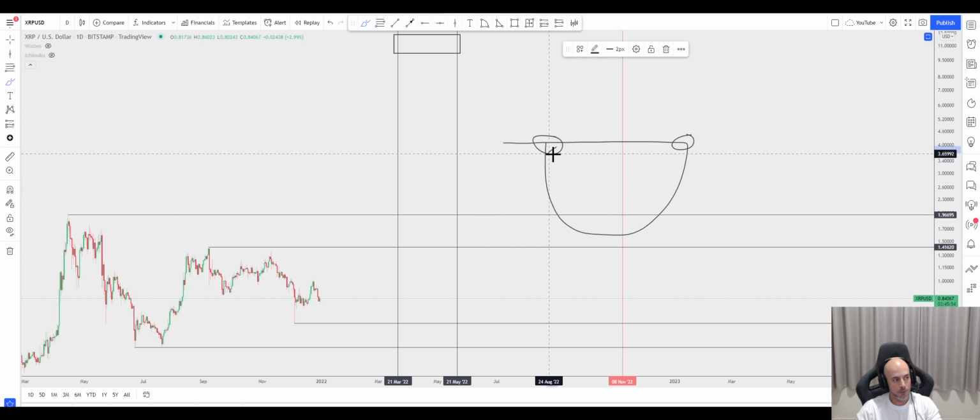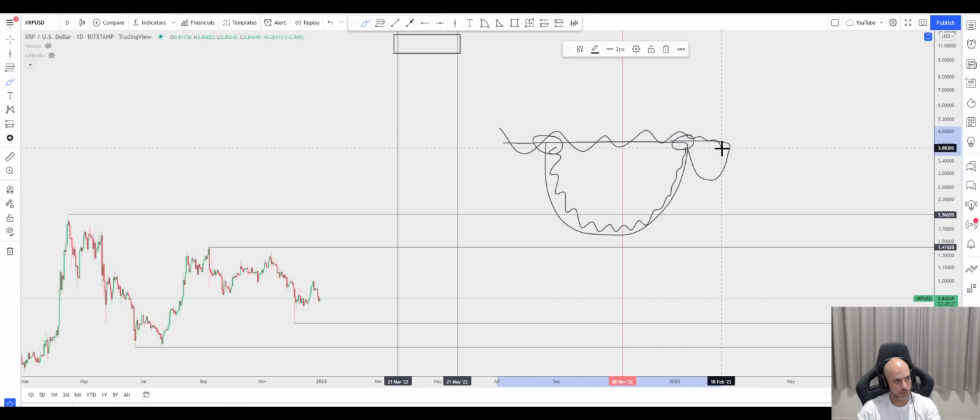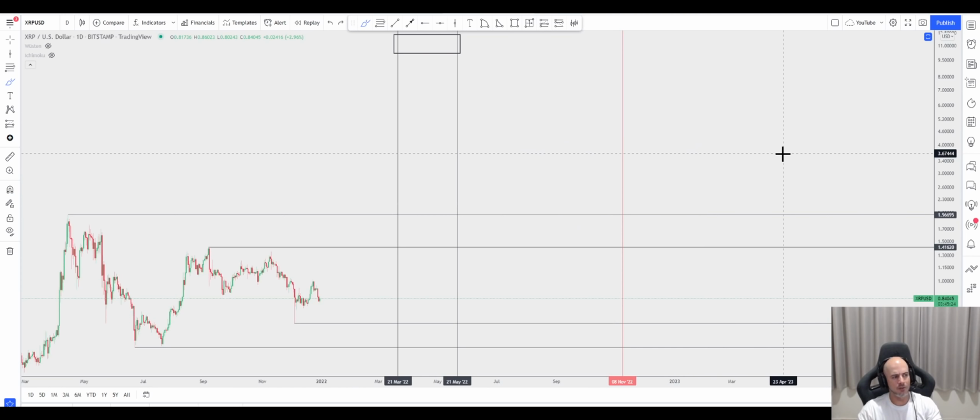A flat line on these two pivots right here. And price must behave like this. Very, very aligned with the line. It must be aggressive on the way down, and must be aggressive as well on the way up. And then we end up with the handle, which must be flat as well. And then there are some people talking about arcs and handles and cups, folks, all the way bullshit, okay?